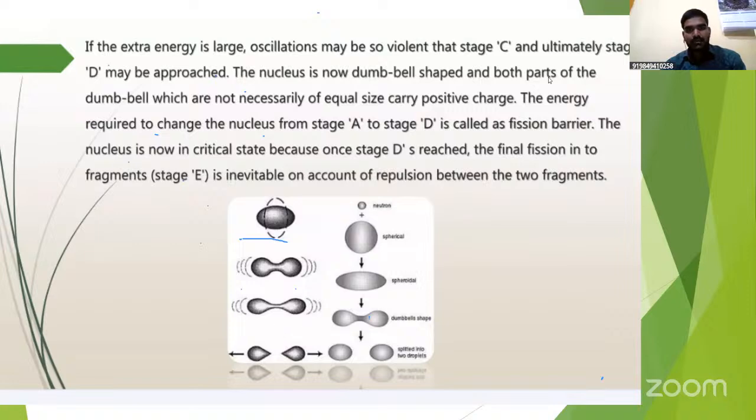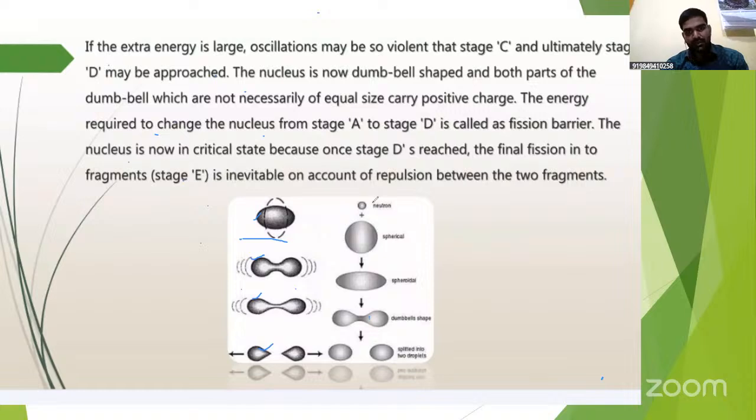Both parts of the dumbbell, which are not necessarily of equal size, carry positive charge. The energy required to change the nucleus from A to D is approached. So this is stage A, this is stage B, this is stage C, this is stage D. Just consider these stages.